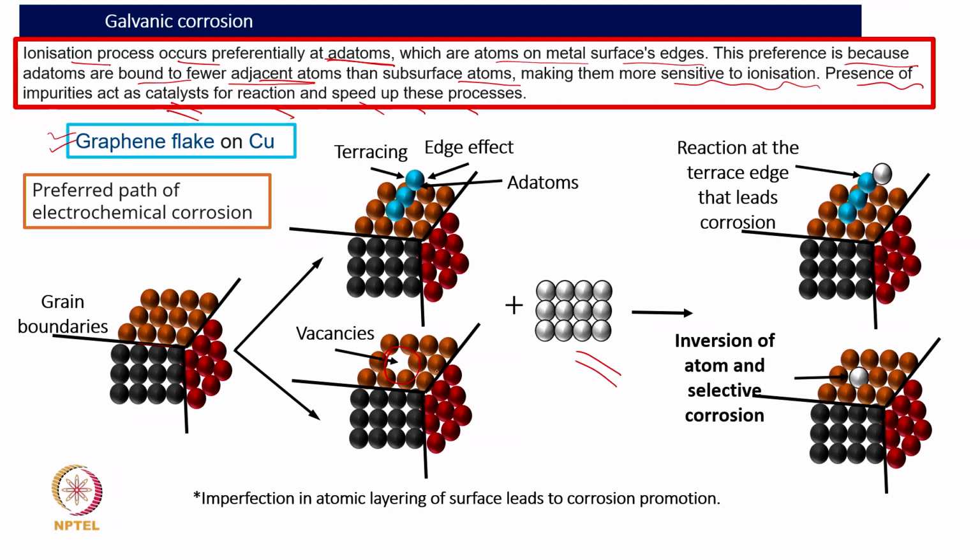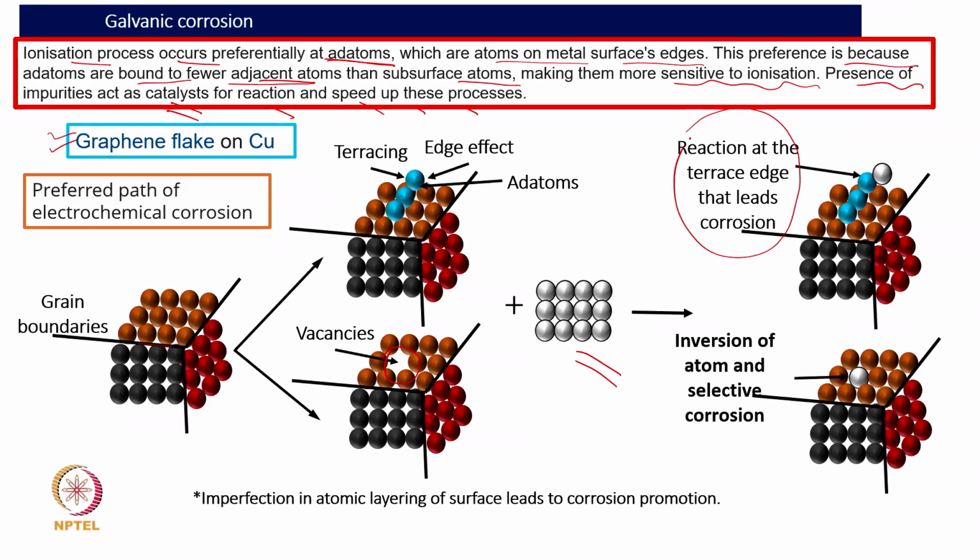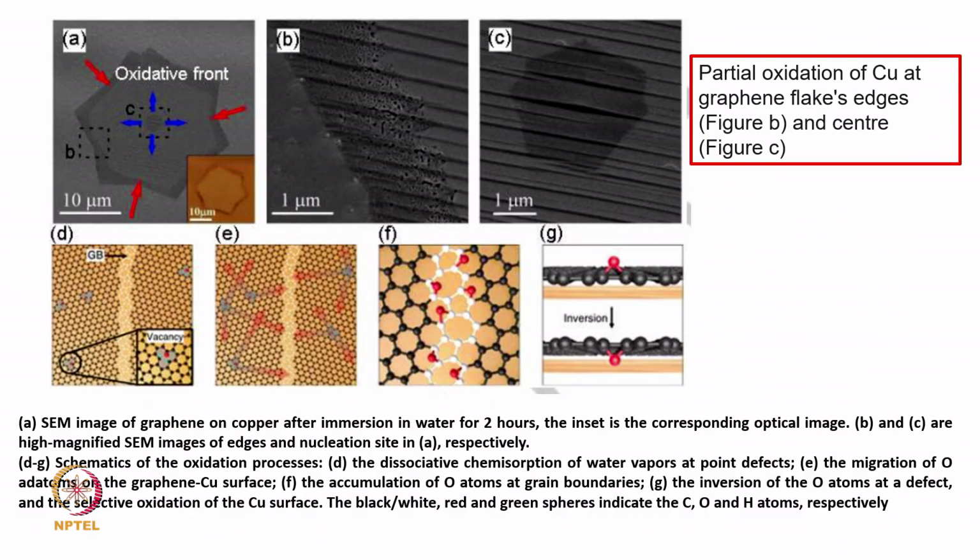Then the shifting of atoms or ions is easier, and that is why we say the reaction will take place at a much faster rate and the corrosion rate will increase. In this case there is also a possibility of selective corrosion; wherever you want, we can create a vacancy and make selective corrosion. So, there are possibilities like that.